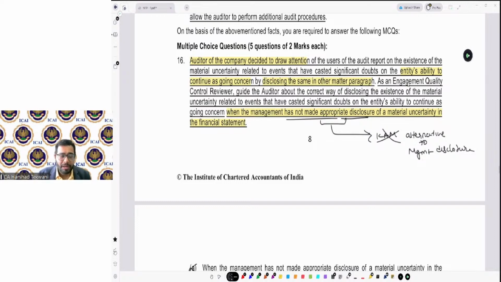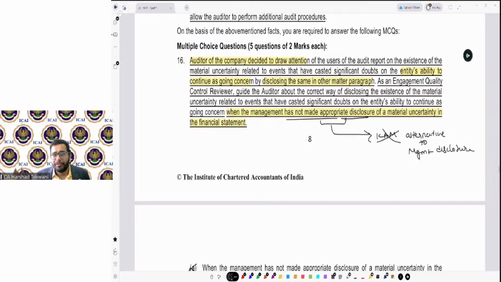And why qualified opinion? Number one, because of the disclosure. Number two, if management is not disclosing, it means they have not made disclosure as per the applicable financial reporting framework.